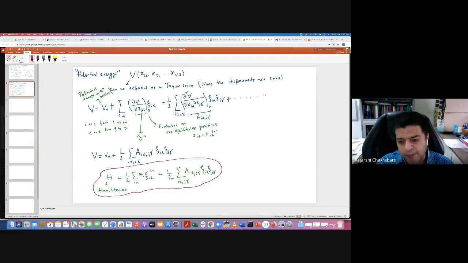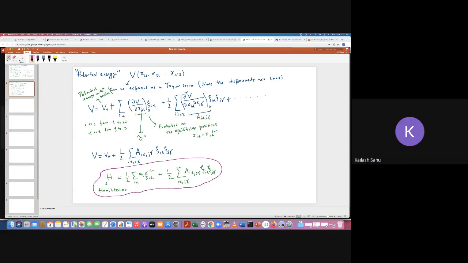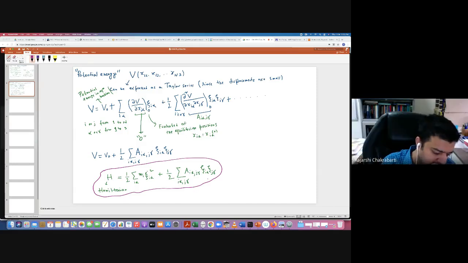And it actually couples xi_{i alpha} with xi_{j gamma}, isn't it? So it couples x with y, y with z, x with z of different particles, all different atoms, isn't it? Can you see that? Yes, sir. Because of this interacting term, no?